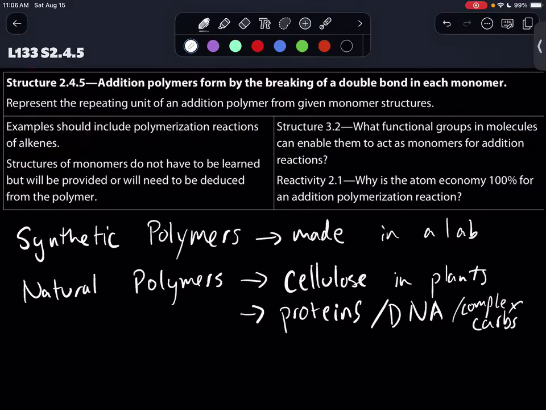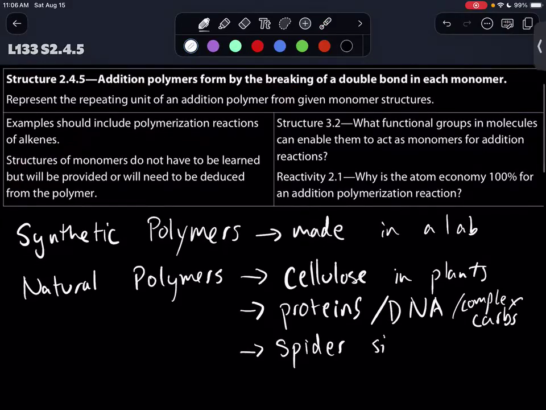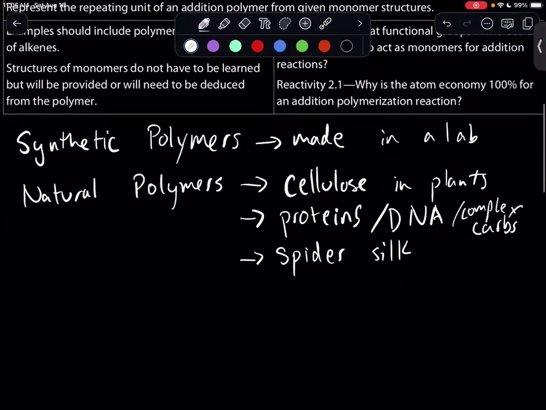So these are all polymers. Even things like spider silk are all natural polymers. Now, the question is, though, how do we make these? So, how are these polymers formed?